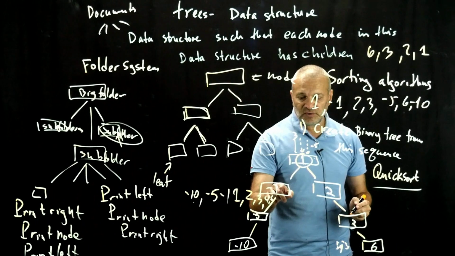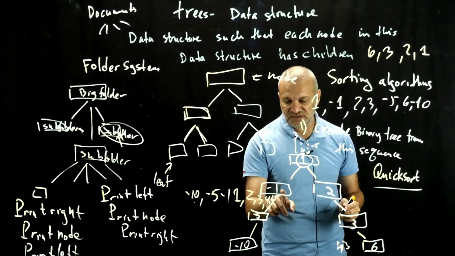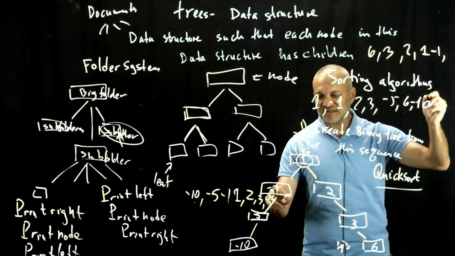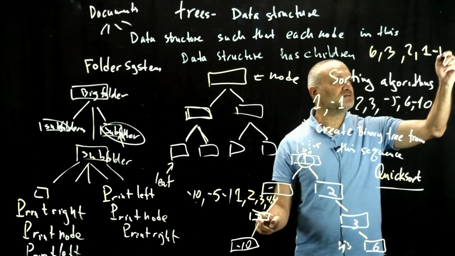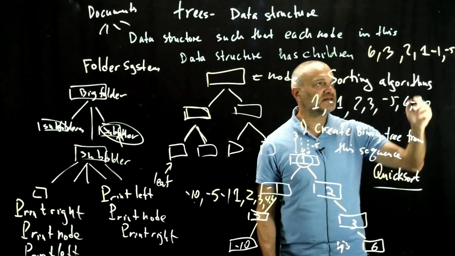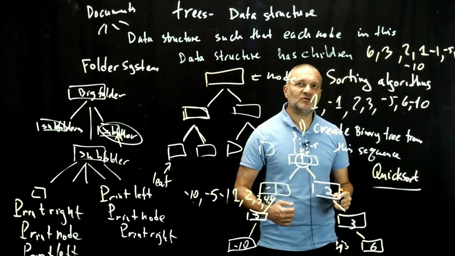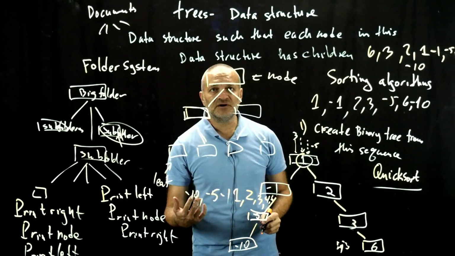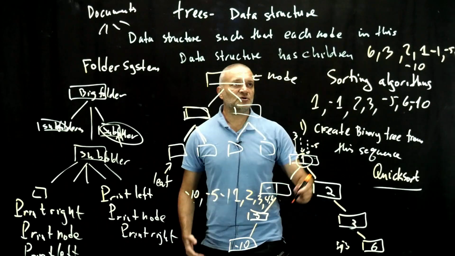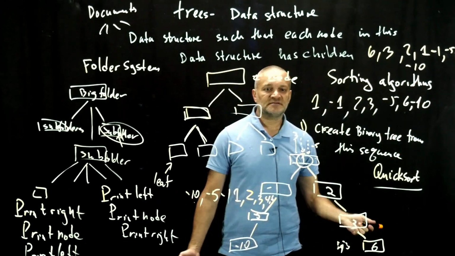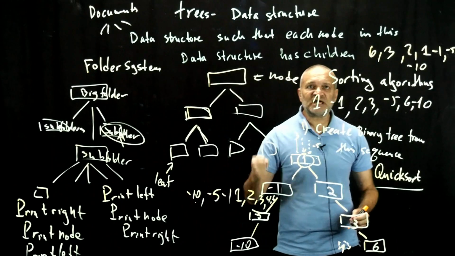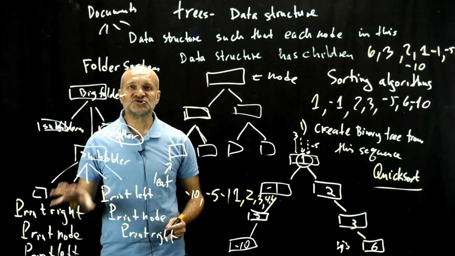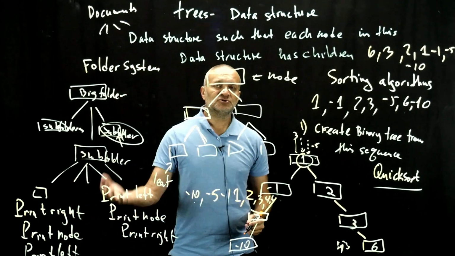So then you print -1, then you print right, nothing, you print left, you print -5, then you print -10, and you get the same sequence, but instead of getting it in ascending order, now you have it in descending order. So you go from the largest to the smallest, okay? So this just shows you the power of this structure. This structure is called trees.